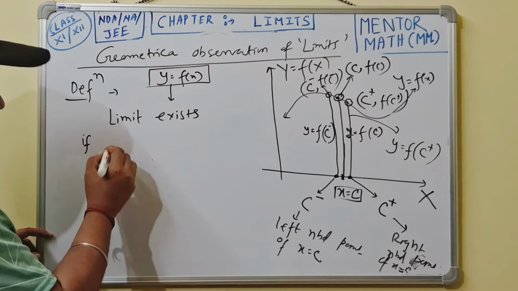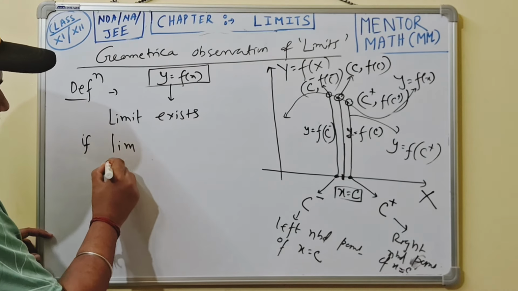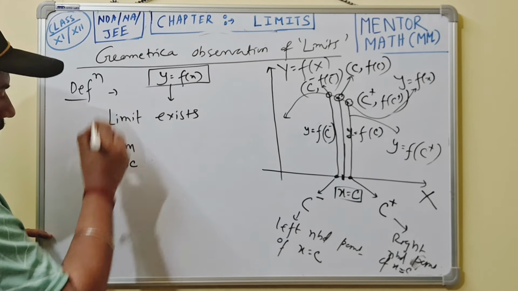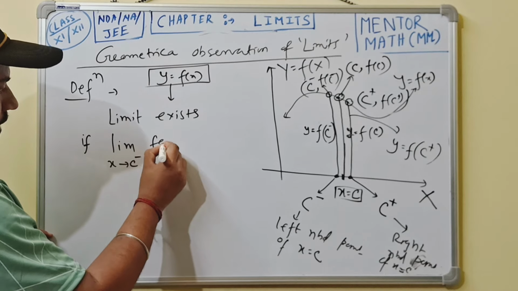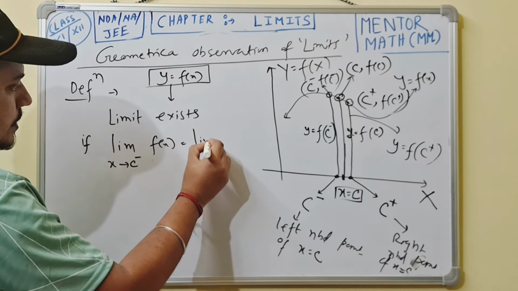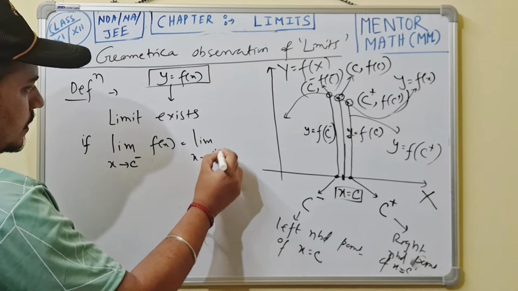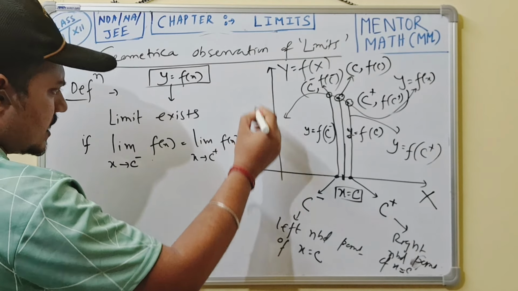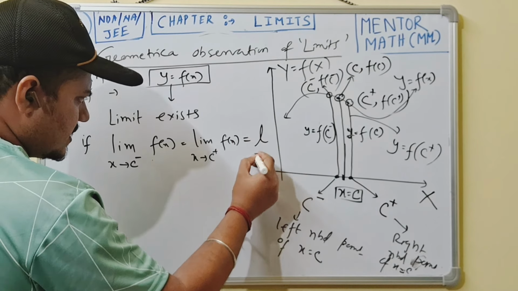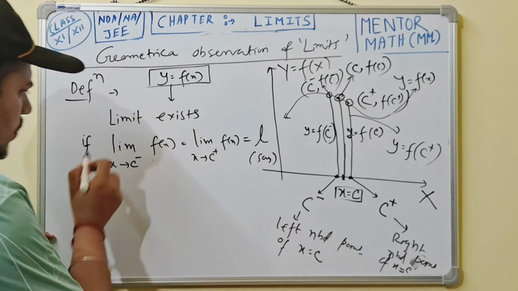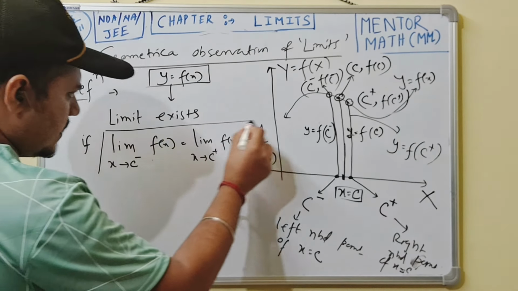The limit exists if limit x tends to c minus f(x) is equal to limit x tends to c plus f(x), which is, let us take a value, say L. So this is the main concept.